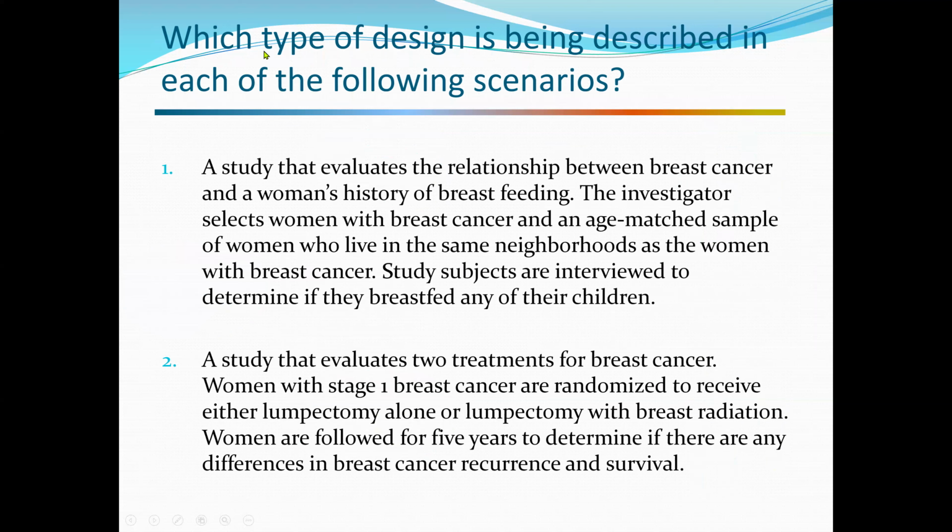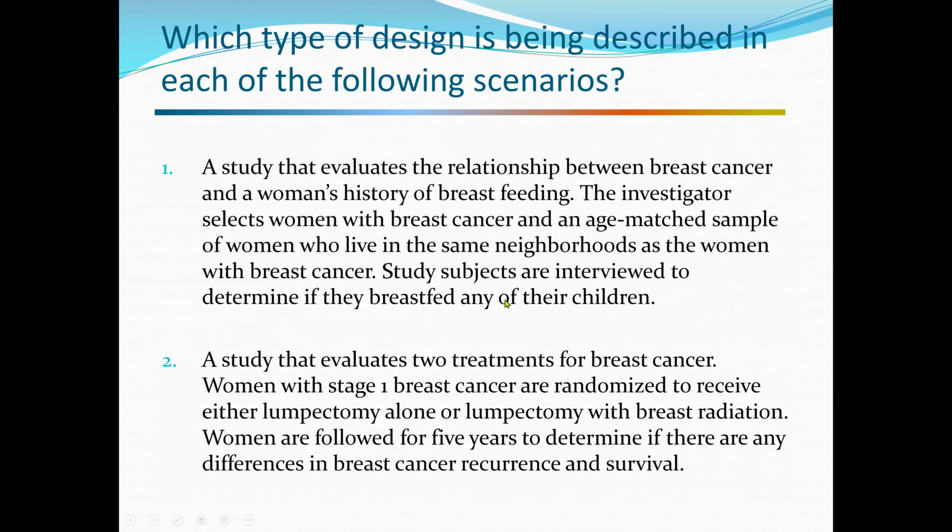So now a question says, which type of design is being described in each of the following scenarios? We have the first study, a study that evaluates the relationship between breast cancer and a woman's history of breastfeeding. So the investigators select women with breast cancer and an age-matched sample of women who live in the same neighborhood as the women with breast cancer.